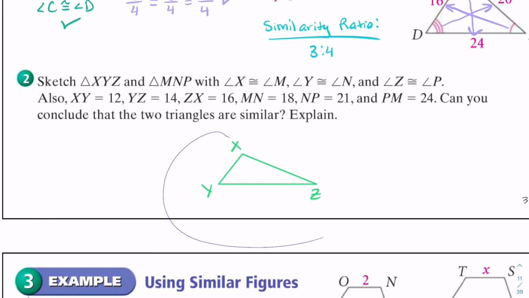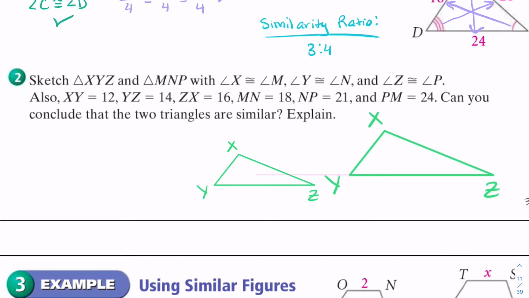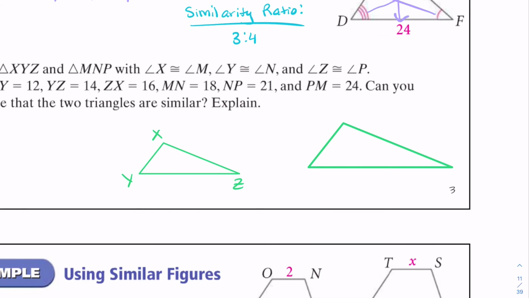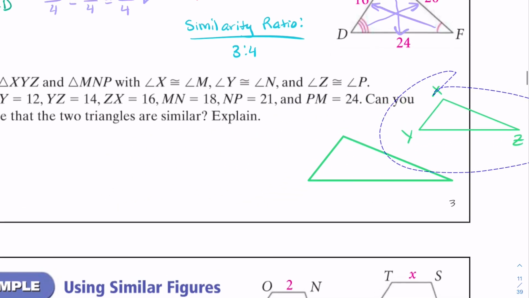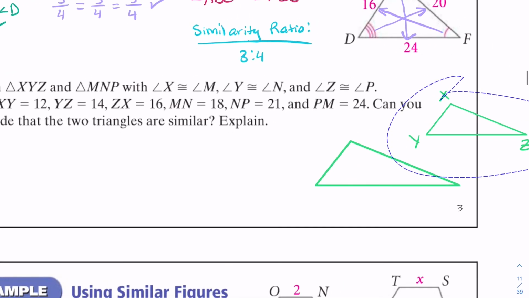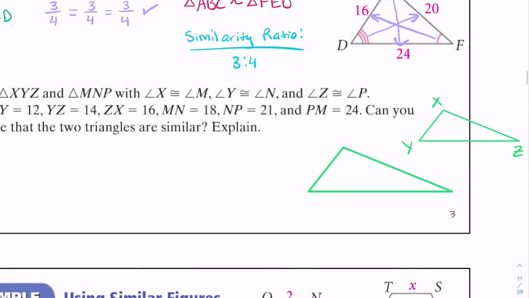And what I have the ability of doing, which is awesome, is just copying and pasting a larger one. I will change the letters though. Well, let's see, XY is 12, YZ is 14, and ZX.